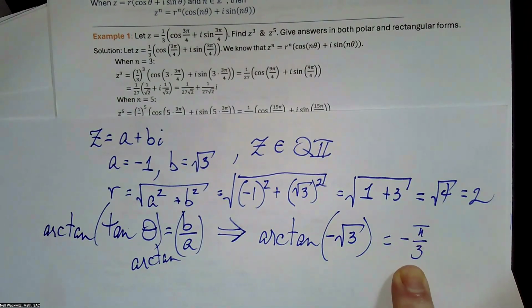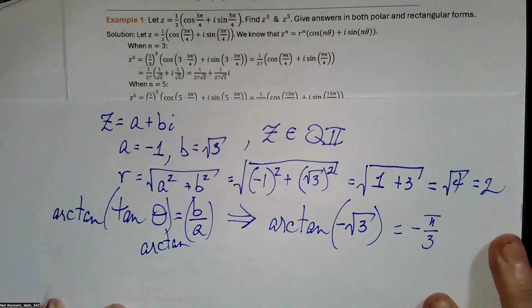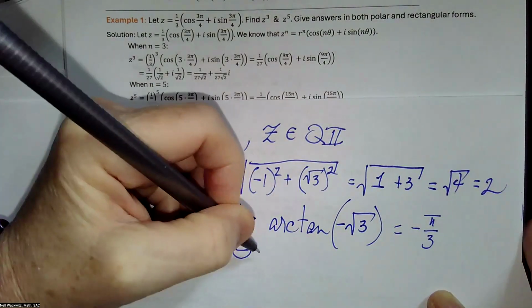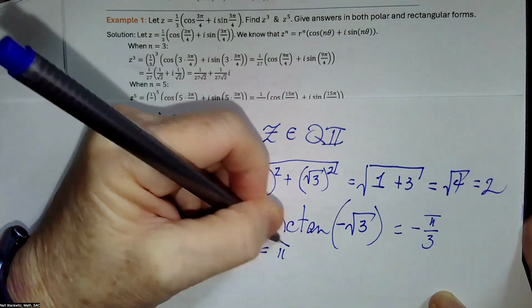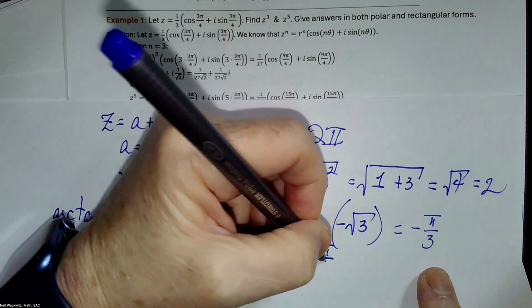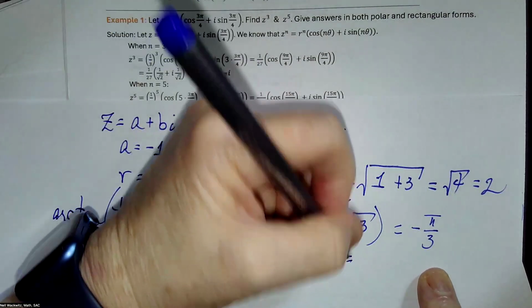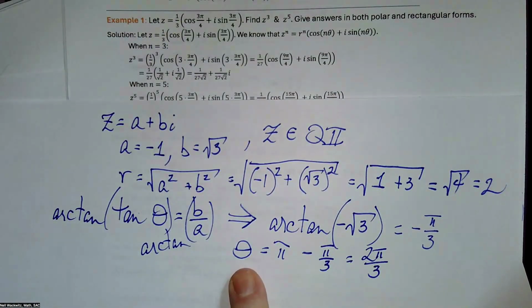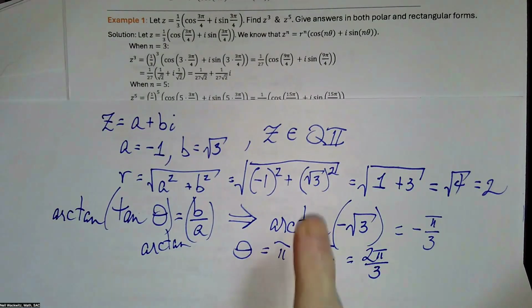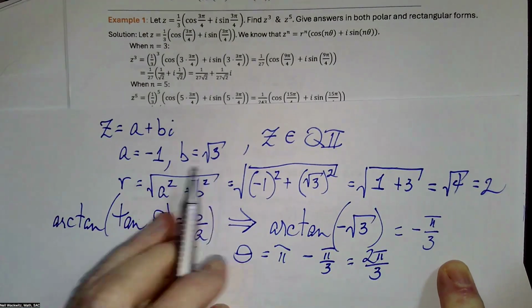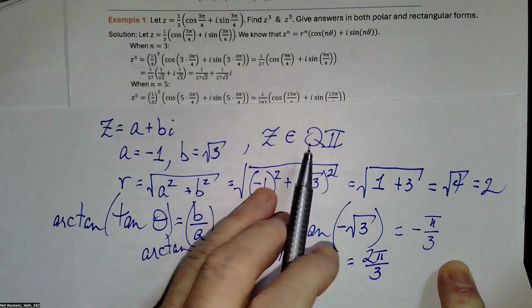This angle lives in quadrant 4. To move the angle into quadrant 2, we're going to take pi and subtract pi over 3, and we get 2 pi over 3. So our angle is pi minus the angle we found, and we know we need to do that because we can see that z is in quadrant 2.